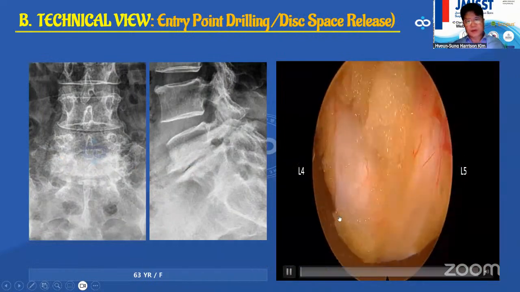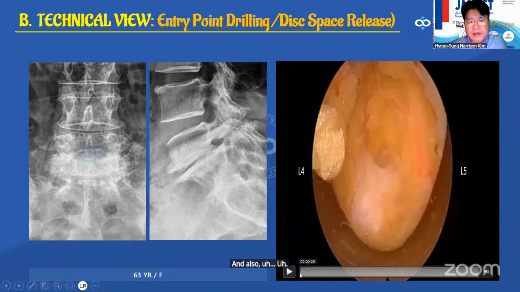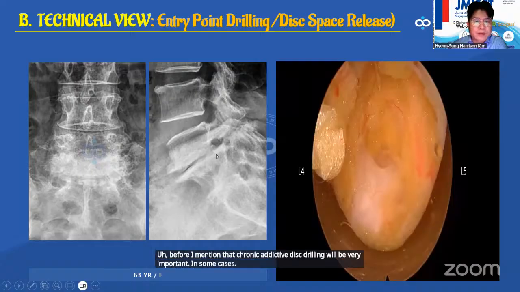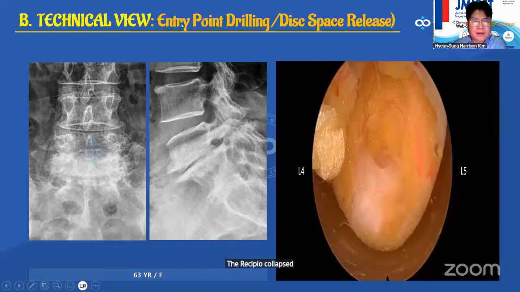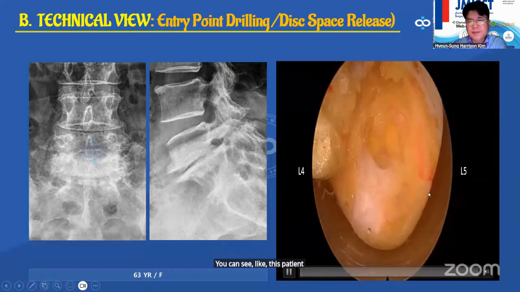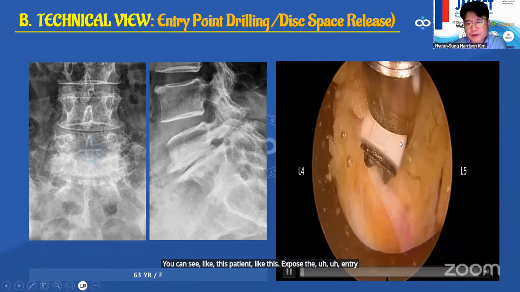And also, in some cases, as I mentioned before, the chronic adhesive disc drilling is very important. In some very severe collapsed cases, you need entry point drilling, then disc drilling. You can see this patient, we expose the entry point first.